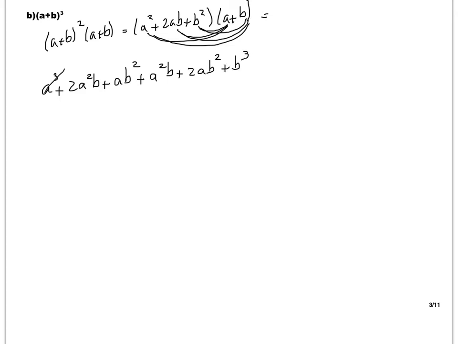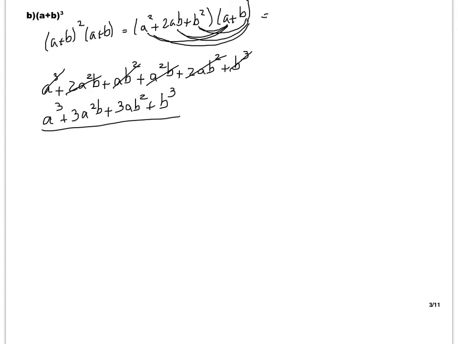Now a cubed, there is no like term. 2a squared b and a squared b gives me 3a squared b. ab squared plus 2ab squared gives me 3ab squared, plus b cubed here. So a plus b cubed is equal to this expression.